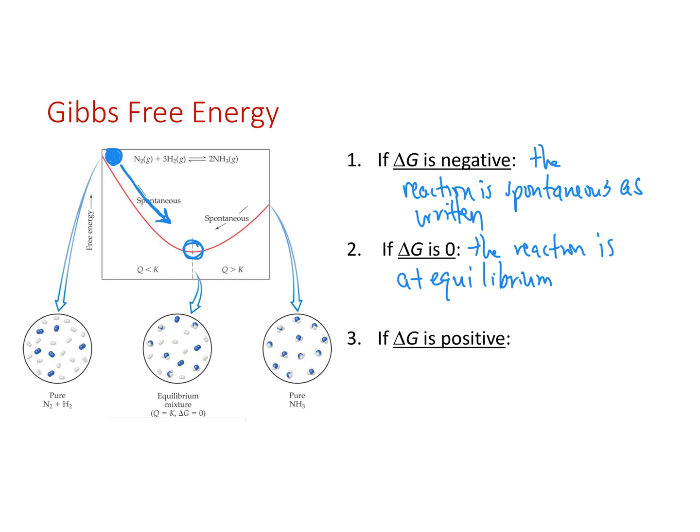And if delta G is positive, then we've gone beyond equilibrium. Delta G being positive, now we're trying to go up in free energy. We're trying to increase in free energy. So delta G being positive would be us taking this boulder and trying to push it up the hill. Push it up the hill the other direction or push it up the hill back to where it started. Either way, that's non-spontaneous.